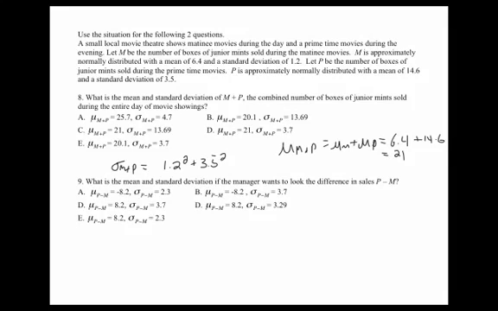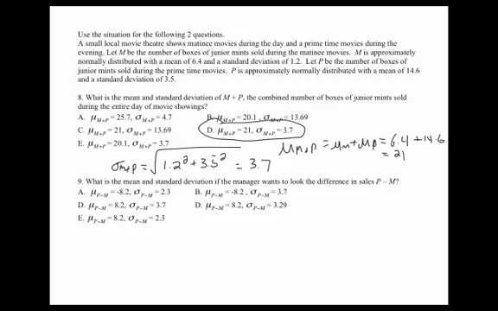So they are variances, but we want the standard deviation, so we're going to square root to get back. So 1.2 squared plus 3.5 squared. That gives us the new variance. Then we square root to get the new standard deviation. So I want a mean of 21 and a standard deviation of 3.7. Should be D.